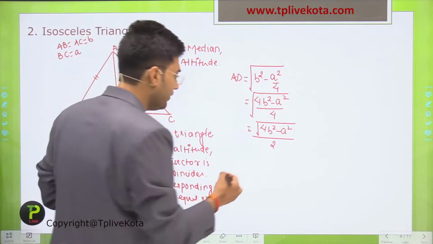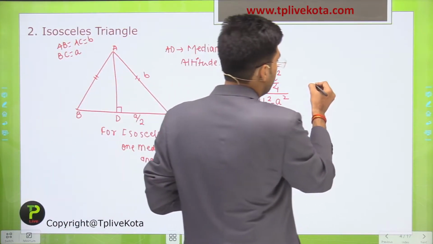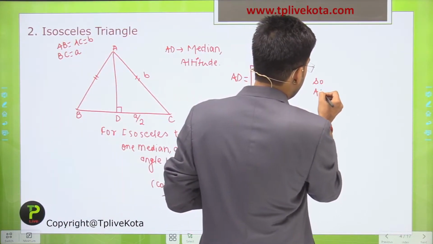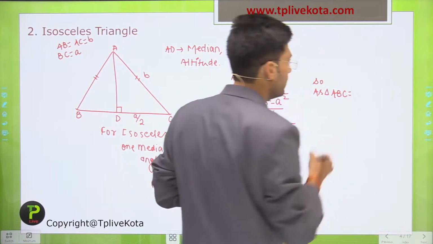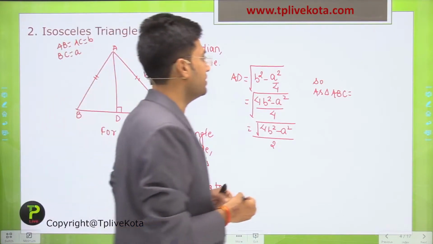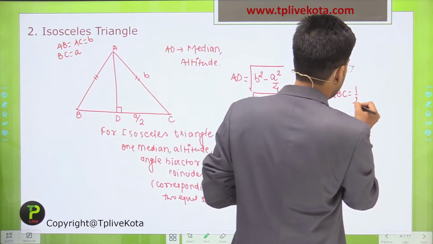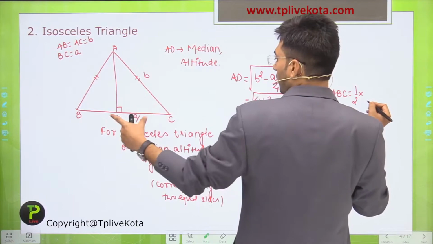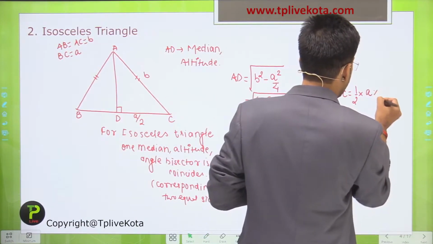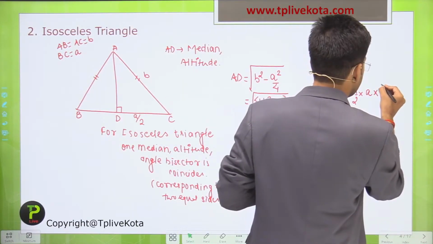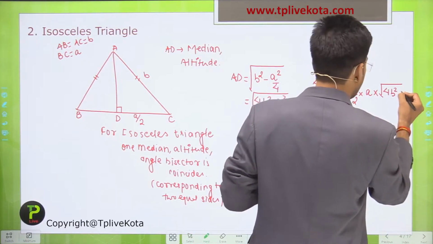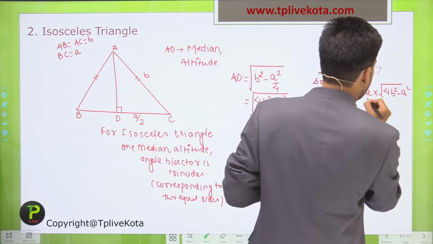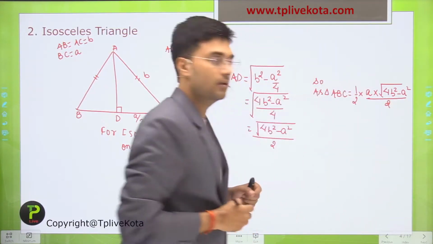So now we can find the area of the triangle. Area of triangle ABC, that is the isosceles triangle, is equal to half multiplied by the base, which is a, multiplied by under root 4b square minus a square by 2. Clear?